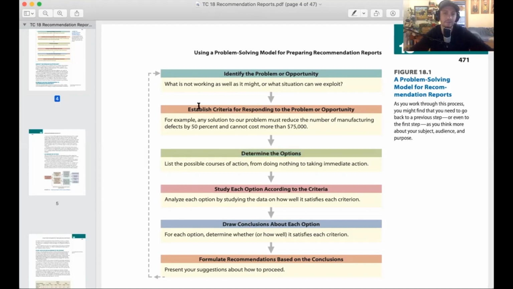Now, this is optional for you guys, okay? So do you need to come up with criteria 100%? Not necessarily. Do you need 3 to 6 options? Not necessarily, but this is a good process to go through, and it will show that you're an ethical researcher.